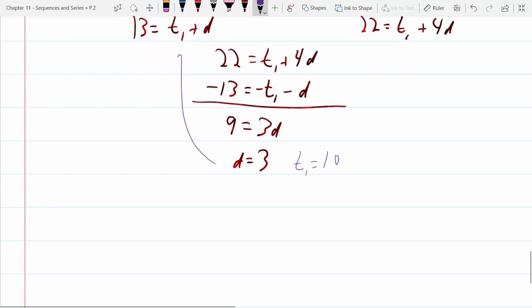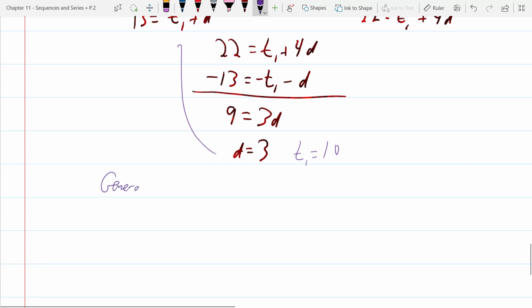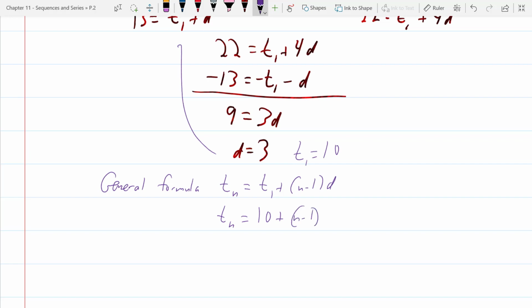If T of 1 is equal to 10, then the general formula is T of n is equal to T of 1 plus n minus 1 times d. Let's substitute what we know now. T of n is equal to 10 plus n minus 1 times 3. If I simplify that, I get 3n plus 7.